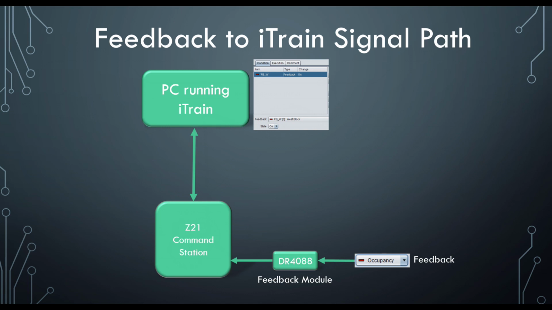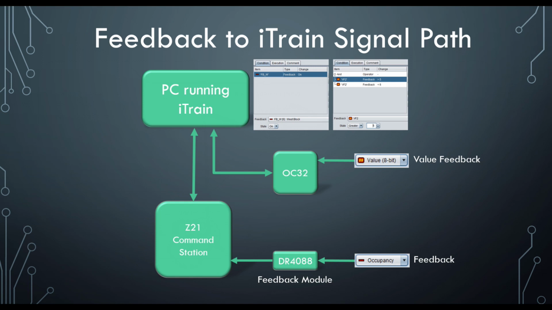If we have the hardware to support the value 8-bit, the setup would look like this. Here is the sensor or device that generates the 8-bit value, and remember, this does not need to be a feedback sensor located on the track.